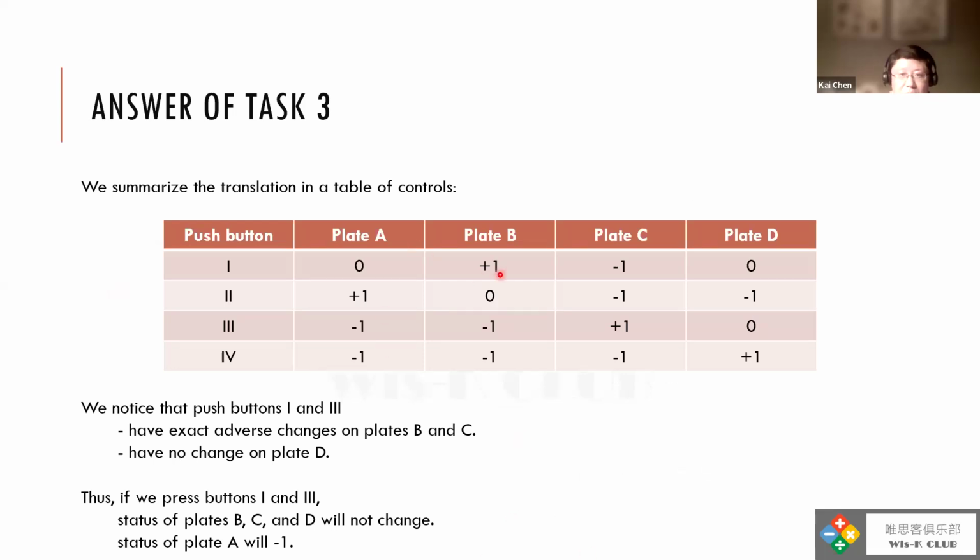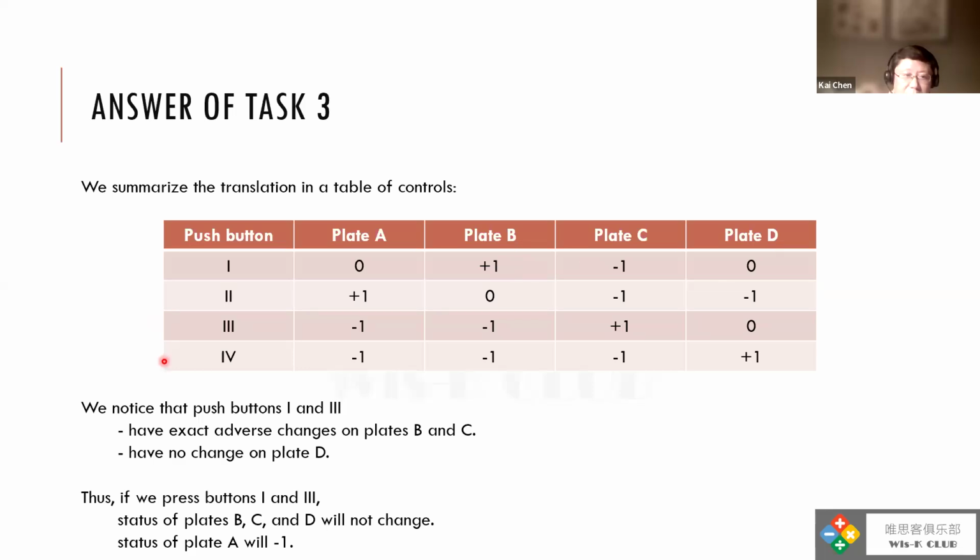Each column is one plate, A, B, C, D, and each row is a press button, 1, 2, 3, and 4. So we just summarize the translation. When I press button 1, plate A won't change, plate B gets plus 1, plate C gets minus 1, and plate D is not changed. And the same for all the other 3 push buttons.